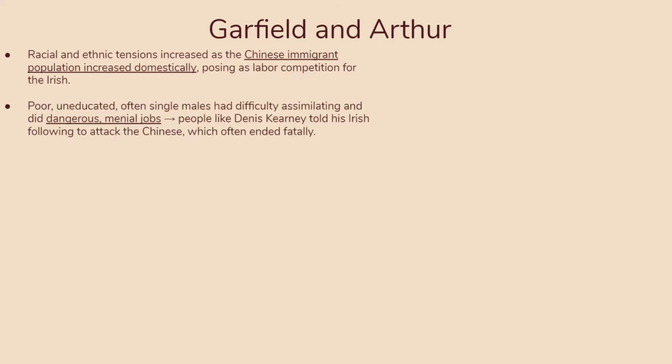And you should note that they were poor, uneducated, and often single males who had difficulty assimilating and did dangerous menial jobs, like, for example, building the Transcontinental Railroad. People like Dennis Kearney told his Irish following to attack the Chinese, which often ended fatally. And you even see these nativist or anti-immigrant sentiments in government policy.